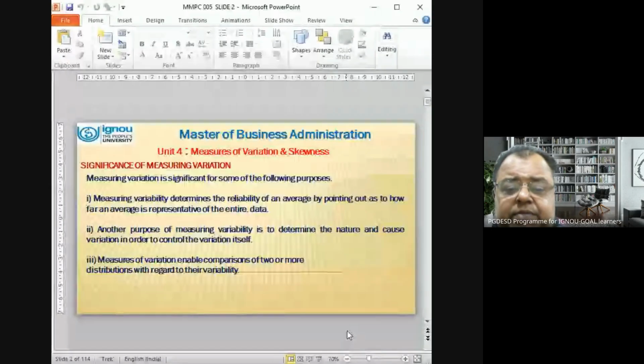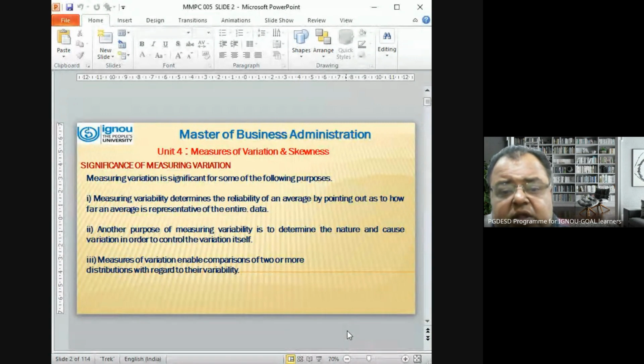Measuring variability determines the reliability of an average by pointing out how far an average is representative of the entire data. Another purpose of measuring variability is to determine the nature and cause of variation in order to control the variation itself.